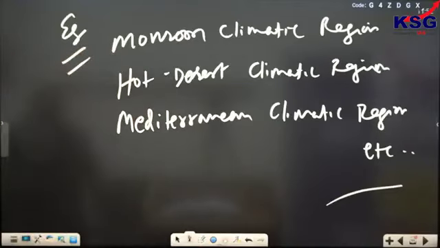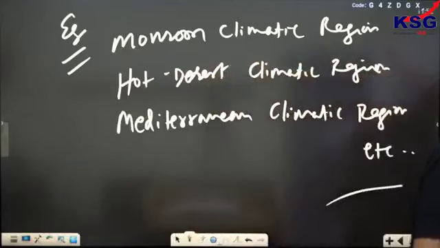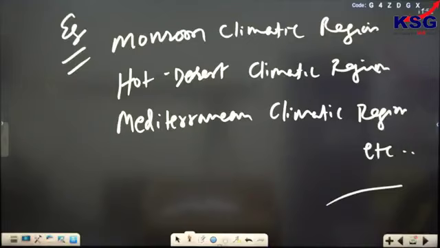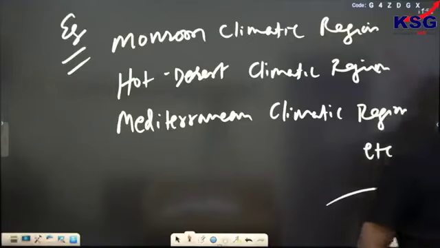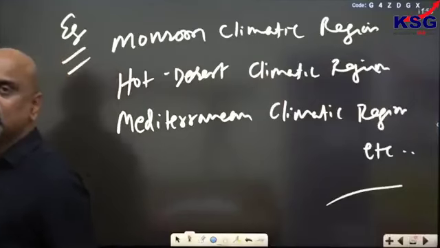So, how to divide the climate of the world? Major climatic regions of the world. How will we be able to classify them?